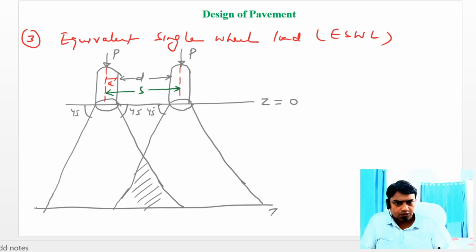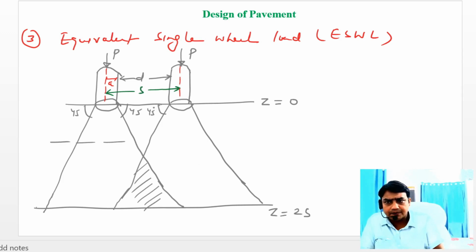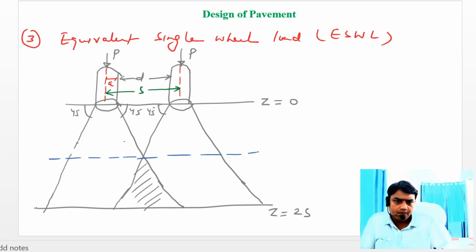So this depth is called Z is equal to 2S, and this is the depth where the overlaps will start. Z is equal to D by 2.